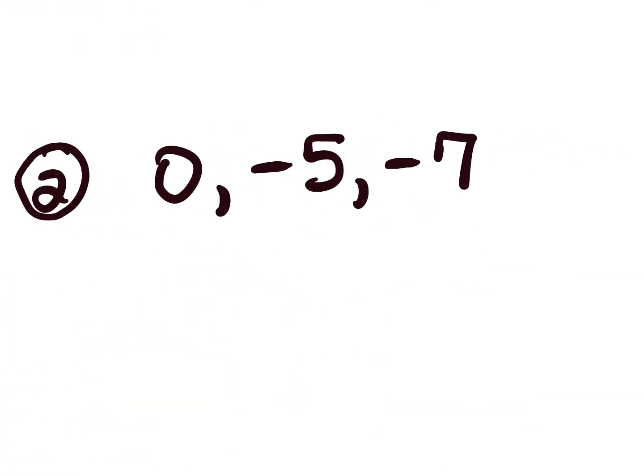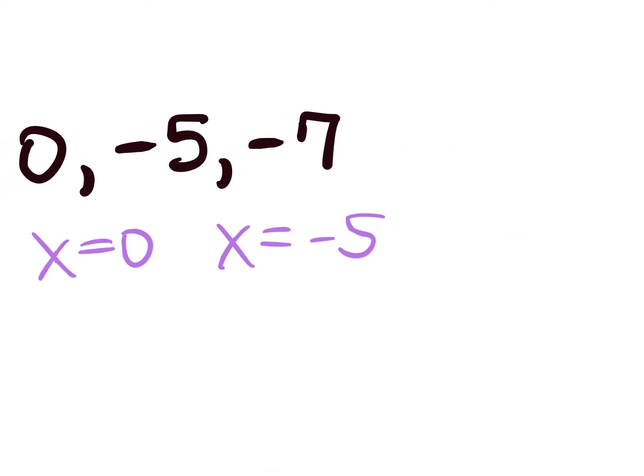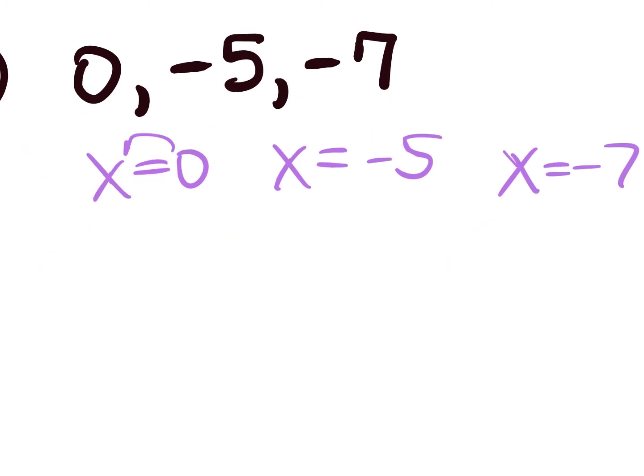If you have something like this where you have one of the x's as x equals 0, x equals -5, and x equals -7, if you were to move this over, this becomes x plus or minus 0, right? You don't have to write that 0. You can just put an x in front of your parentheses and FOIL it in later.